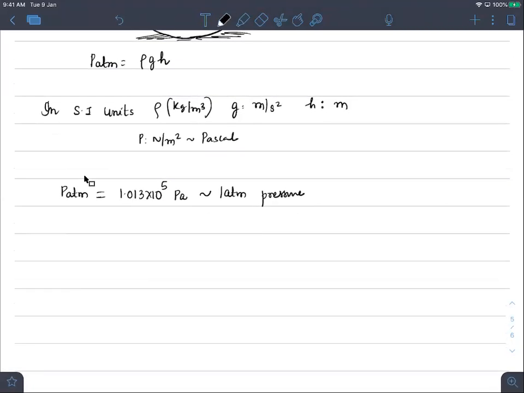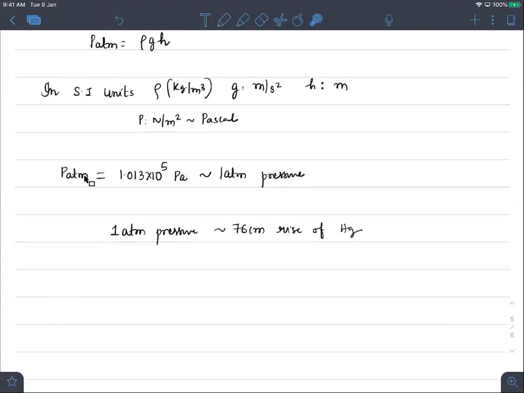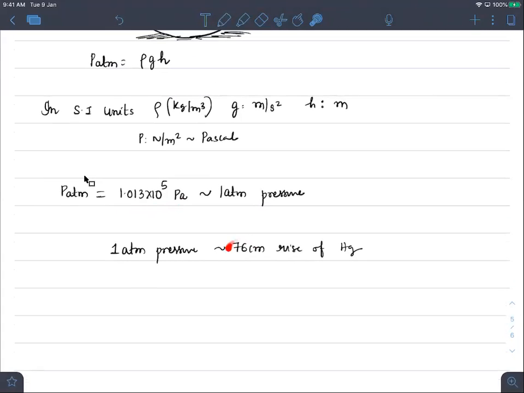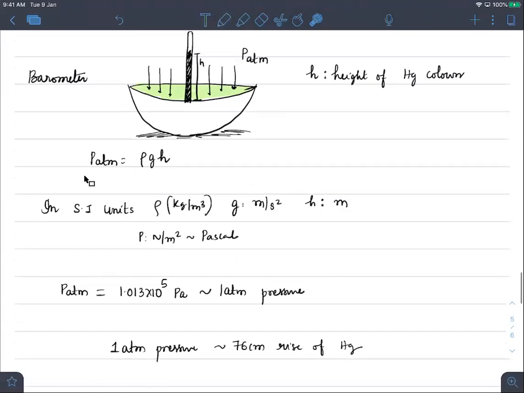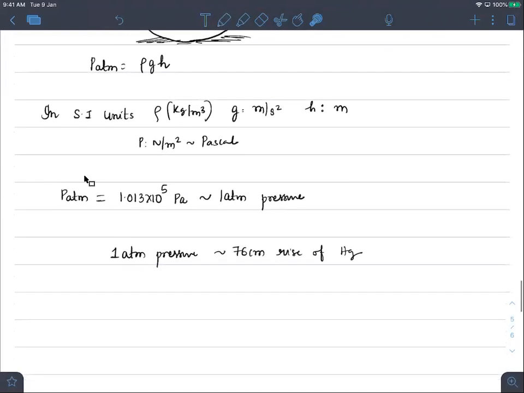So when we say 1 atm pressure, it is equivalent to these many pascals. The other way is 1 atm pressure is also referred to as 76 centimeter rise of mercury, right? Because this pressure you will get when the column height that is raised is around 76 centimeters.